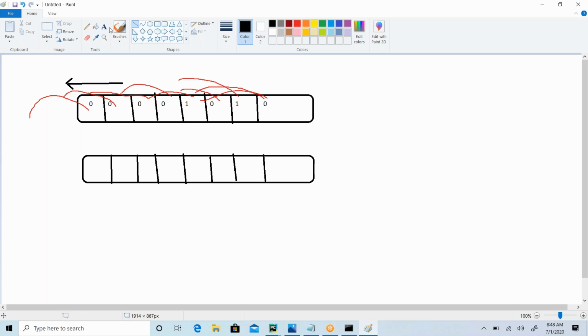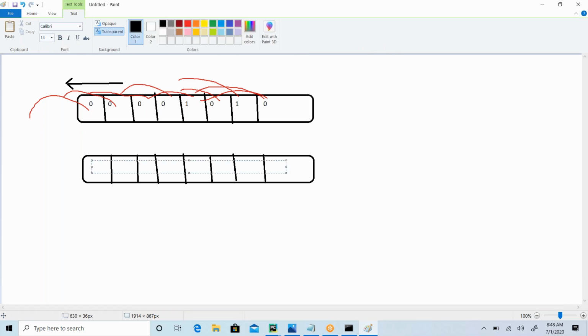As the bits are moved, these two zeros I am going to lose. Now what will happen? This 0 comes to here, this 0 comes to here. The 1 will be coming to this, the 0 coming to this, 1 will be coming to here, 0 will be coming to here. Correct? This is the movement.